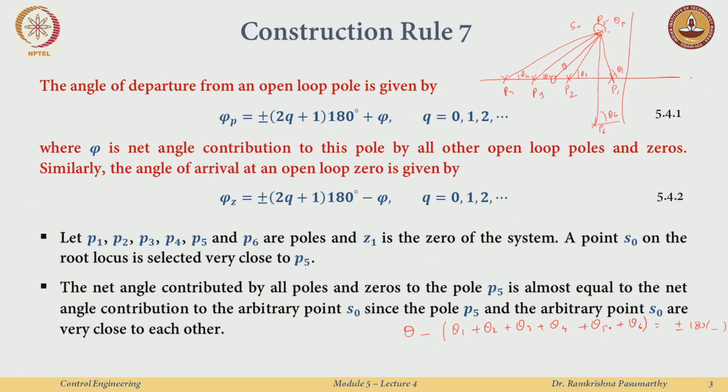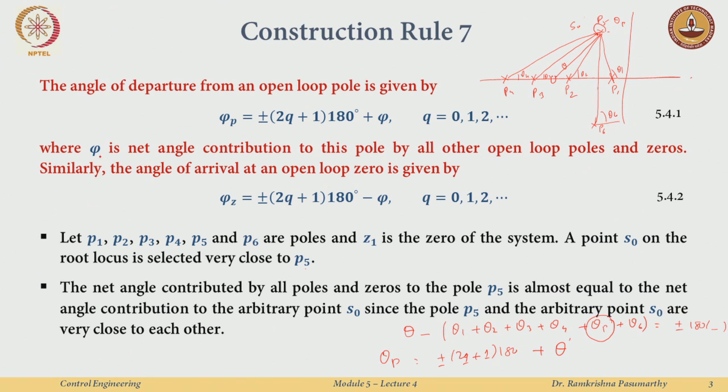Now, I am interested in this little angle; it will tell me where I will go. Therefore, I just substitute this, and this theta p, or even phi p, is simply plus or minus 2q plus 180 plus all the other remaining angles, which I will just call theta prime.